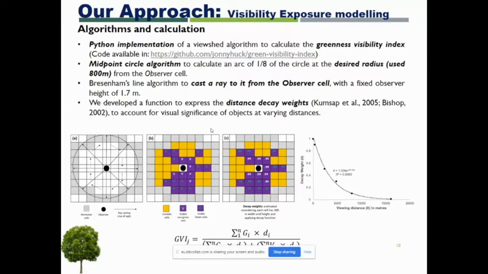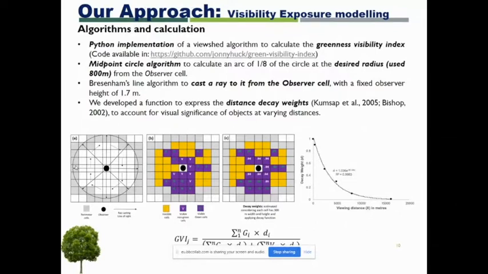The raycasting algorithm is something where you cast all of the rays and identify a binary aspect, like how far you can see or what you can see, whether you can see the cell or not. But this binary approach is again limited. We think we need to take into account that people don't just see or not see. There is a visual importance decay of these objects depending on how far away they are. So we used a function to express these decay weights.